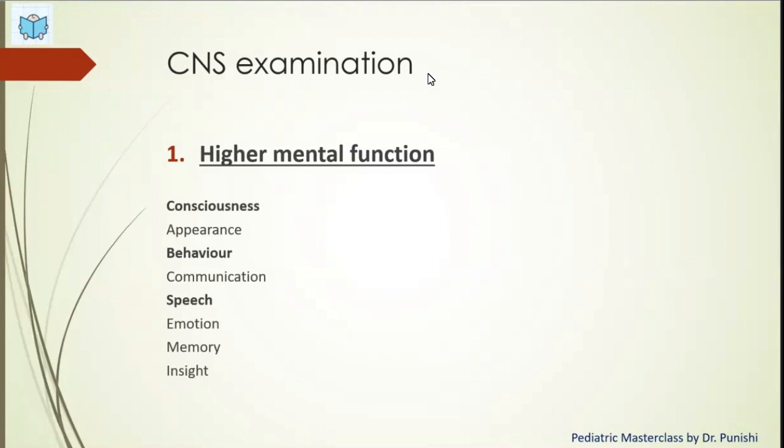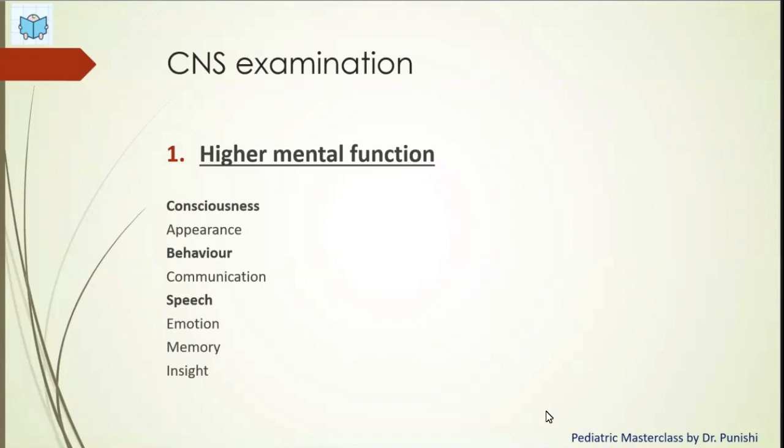Sometimes these patients have emotional lability, so they're crying at one point and then immediately later you see them laughing. So whether they have any emotional lability, what the behavior is, are they very violent, are they very aggressive, what is the speech like? Are they able to communicate with the parents? Is it a spastic speech, or is the speech severely impaired? So, important points to mention when you're assessing higher mental functions are the consciousness, appearance, behavior, and speech.